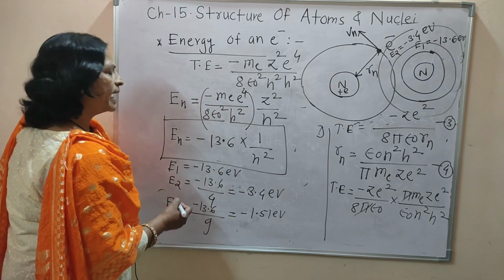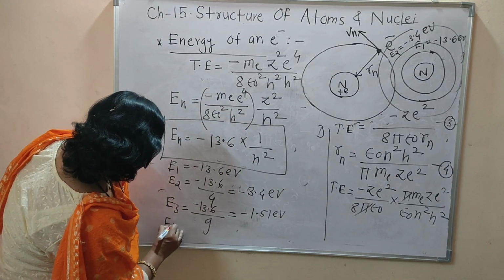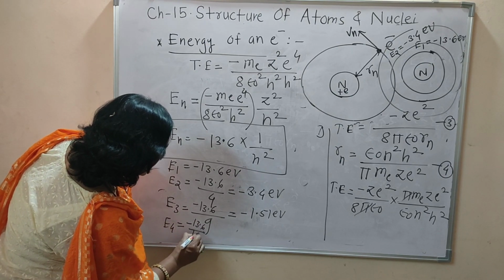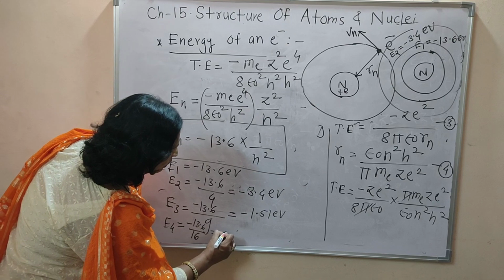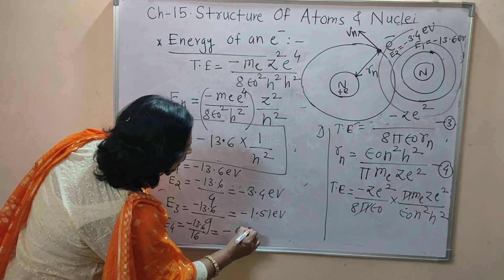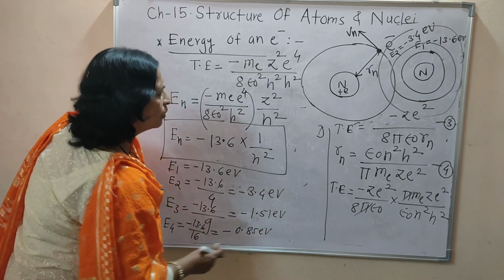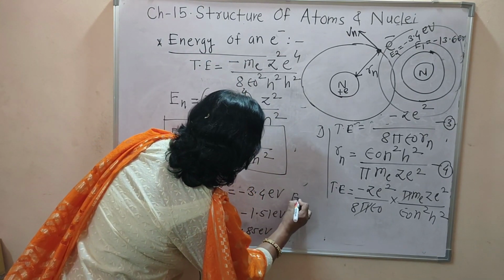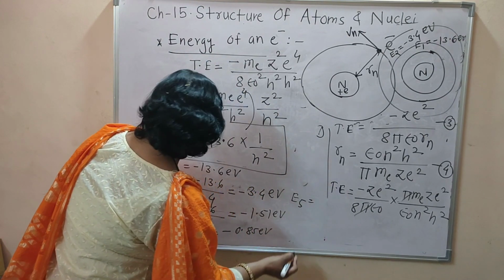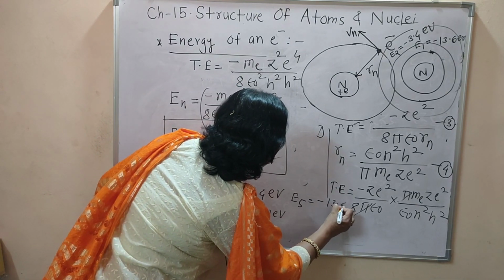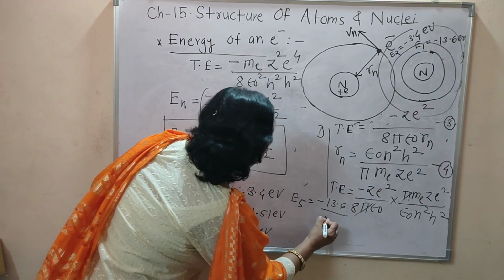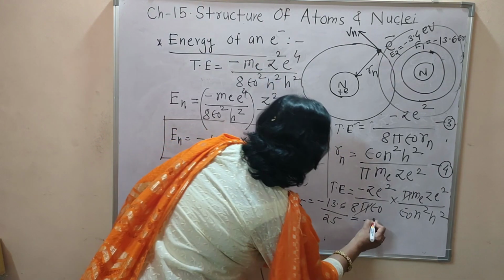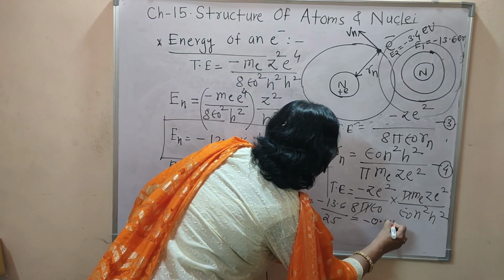In similar manner, the fourth orbit has energy minus 13.6 divided by 16, that is equal to minus 0.85 electron volt. Then the fifth orbit has energy minus 13.6 divided by 25, that is nothing but minus 0.54 electron volt.